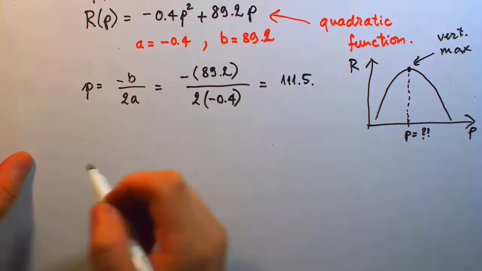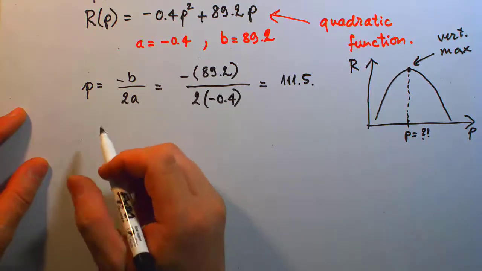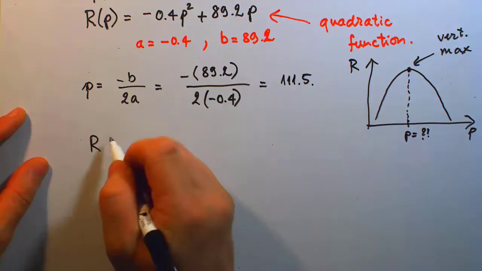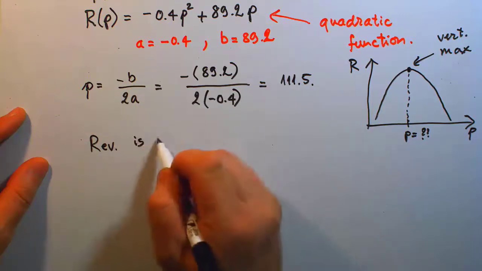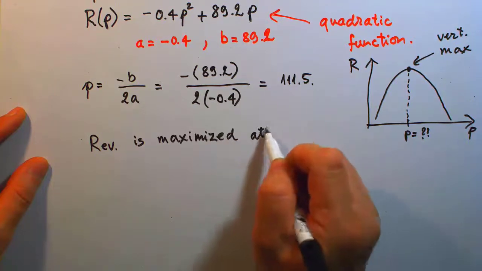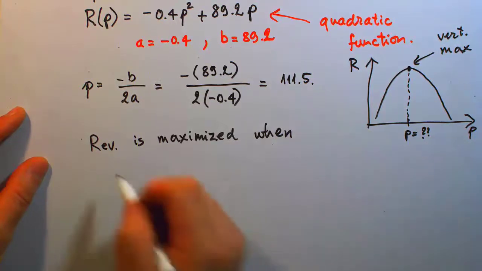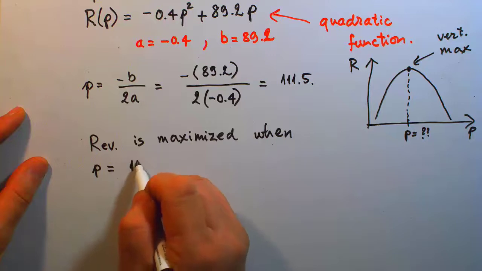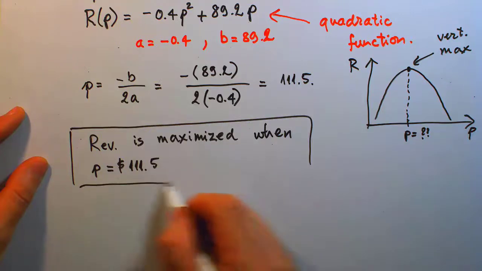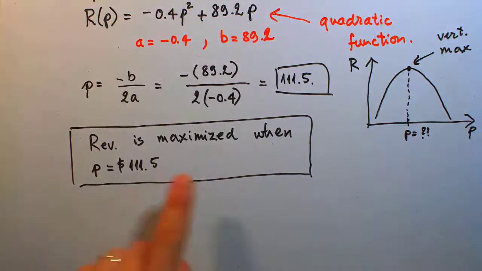And so making our general final conclusion here, revenue is maximized when the price that the company sets is $111.50. And so that's how we answer the question in part A.